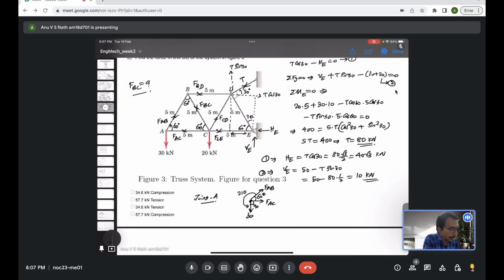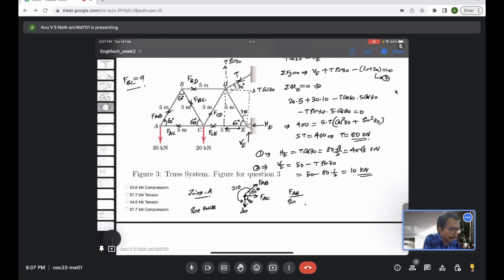So if I use the sine rule, FAB by sine of the opposite angle. Adjacent angles are 210 and 60, so the opposite angle will be 90 degree. Now FAC divided by sine of the opposite angle, which is 210, equal to 30 kilonewton by sine of the opposite angle, which is 60.